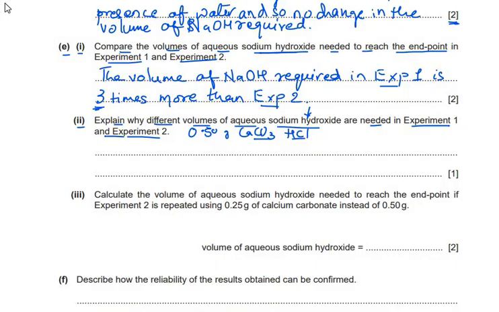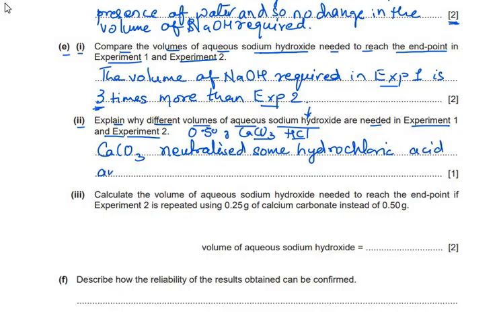So we can write that calcium carbonate neutralized some hydrochloric acid, and so it required less volume of sodium hydroxide. That's how we describe it.